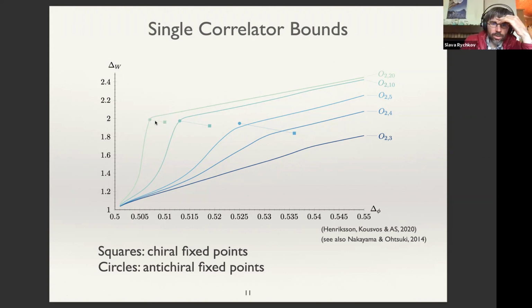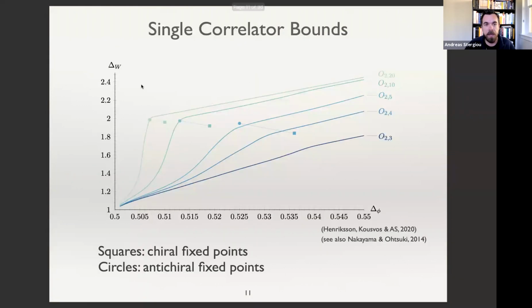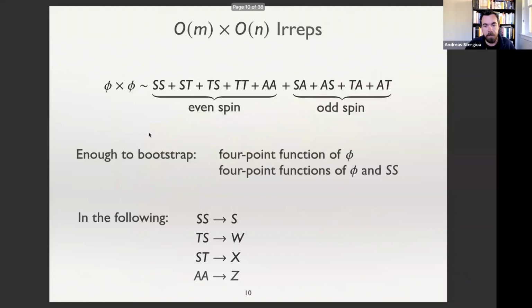I forgot which one was stable, chiral or antichiral. Antichiral is unstable. So if we go back to this picture, we're in this figure over here. Chiral, this C plus, is the stable one, and antichiral is unstable. And the unstable is the one that saturates this W bound, W being this TS operator.